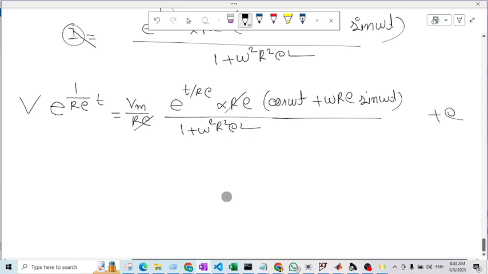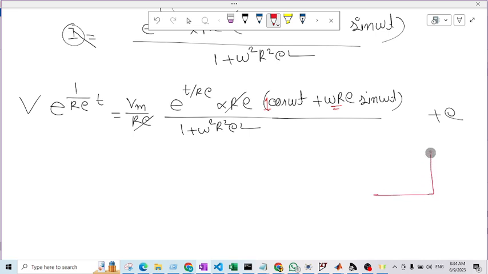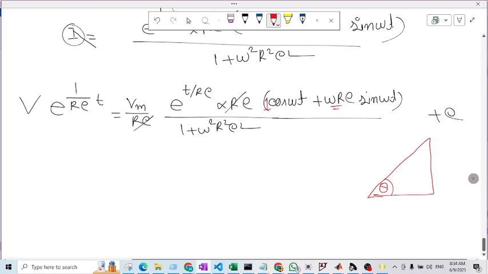We can stop here, but we want to simplify this equation again. We can check whether our answer is wrong or right using the phasor. So let's do this. The coefficient of cos omega t is 1 and of sin omega t is omega RC. So let me draw a triangle here, and let's assume this angle is theta.